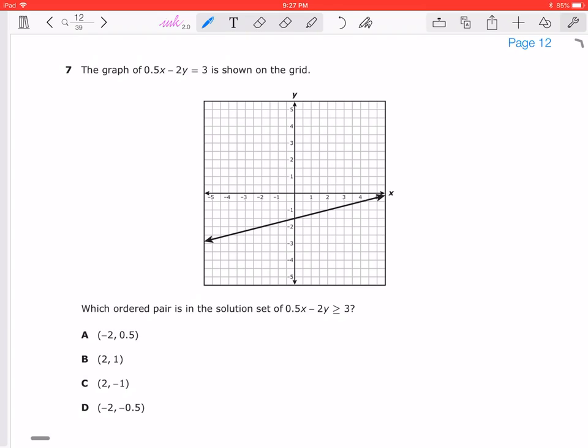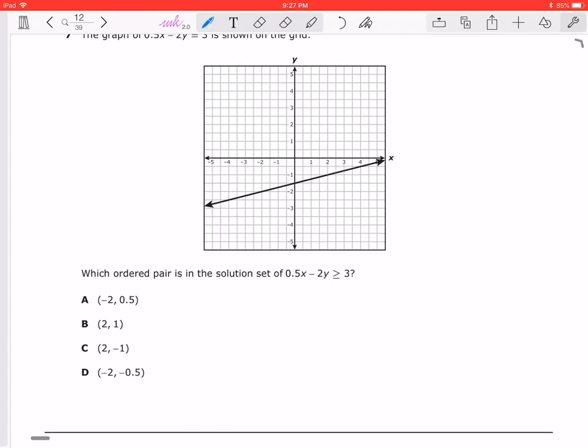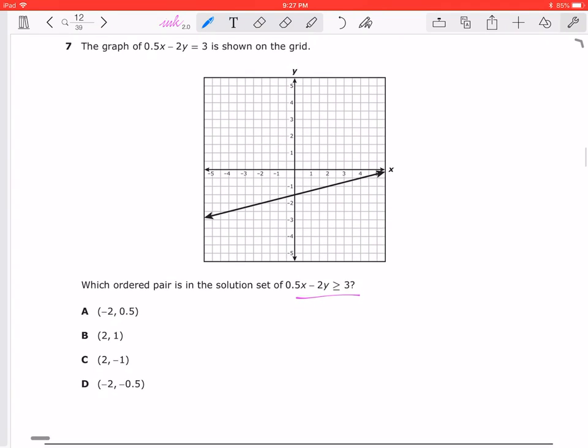Number 7. The graph of 0.5x minus 2y equal to 3 is shown on the grid below. Which ordered pair is the solution to the set of equations? This is pretty straightforward. It says 0.5x minus 2y greater than or equal to positive 3. So I'm going to see, is 0, 0 greater than 3? No. So that means I'm going to shade below my graph.